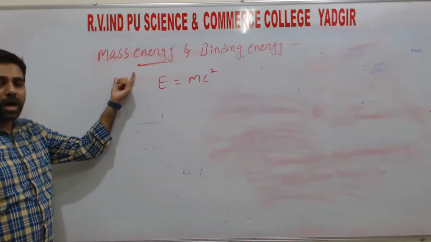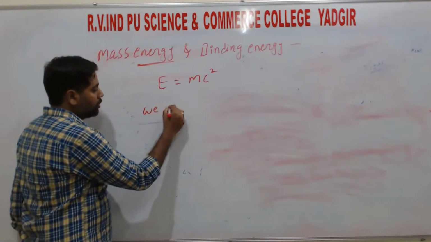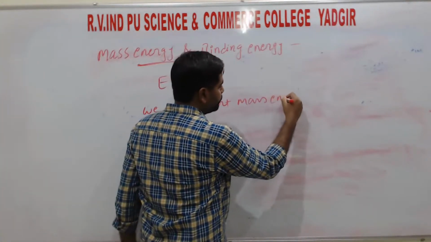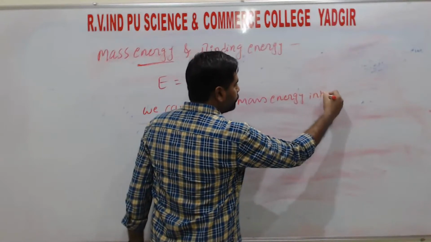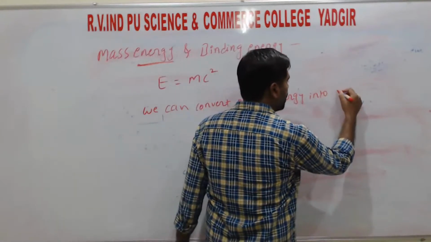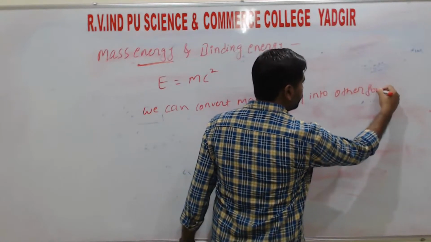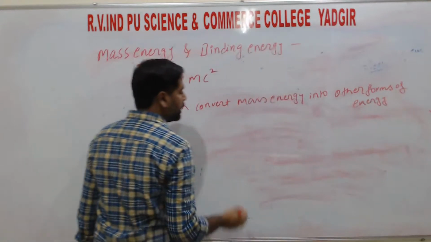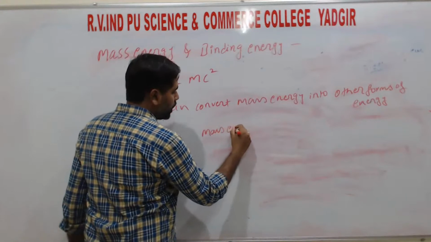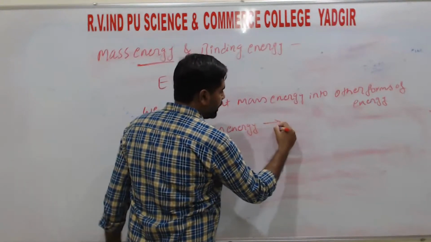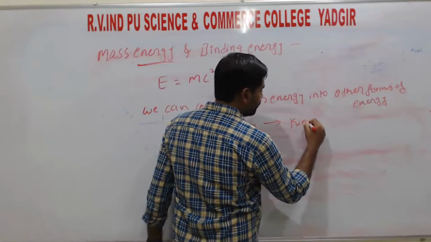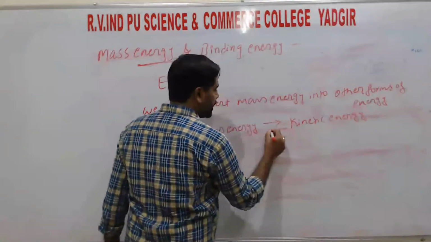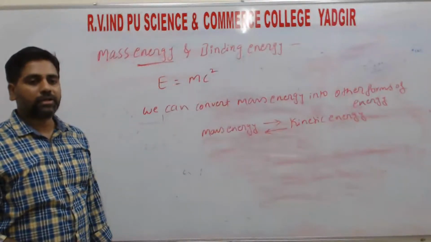Einstein says that mass is also one of the forms of energy. We can convert mass energy into other forms of energy, right? That means we can convert mass energy into kinetic energy, and we can convert kinetic energy into mass energy.